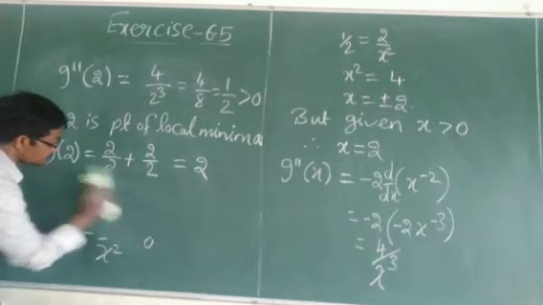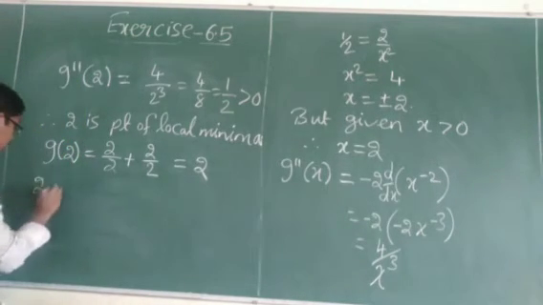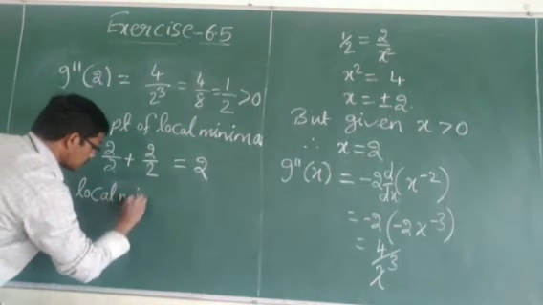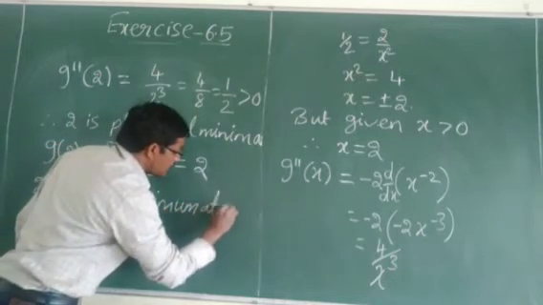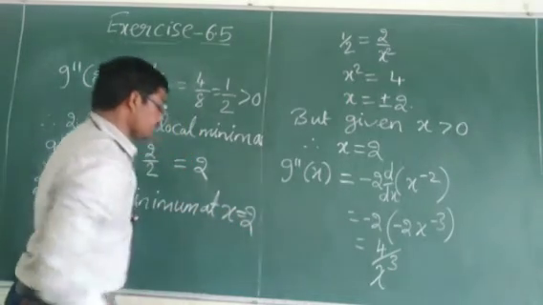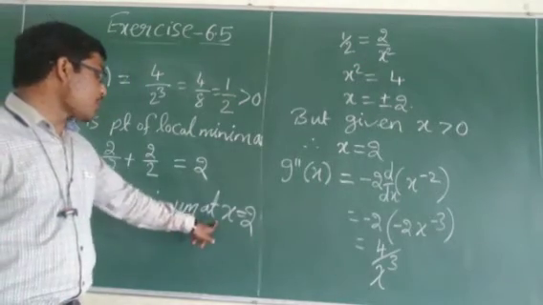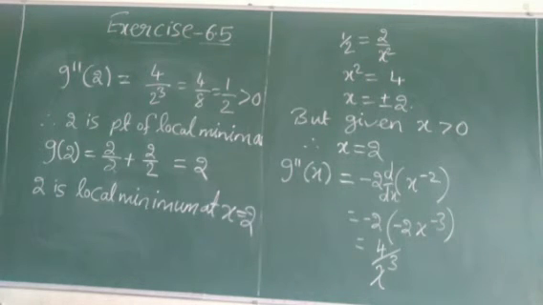Therefore 2 is the minimum value. 2 is the local minimum at x equal to 2. The minimum value is 2, and at which point? At the point x equal to 2.